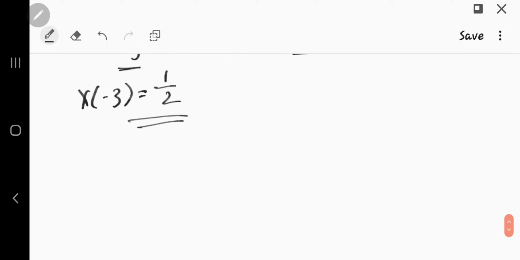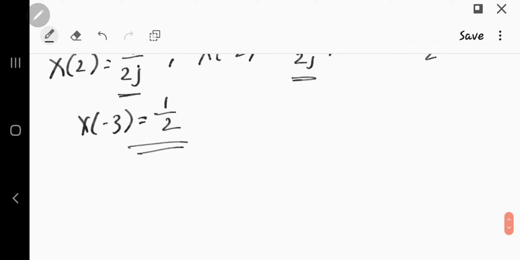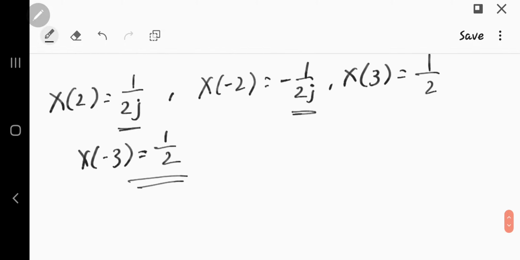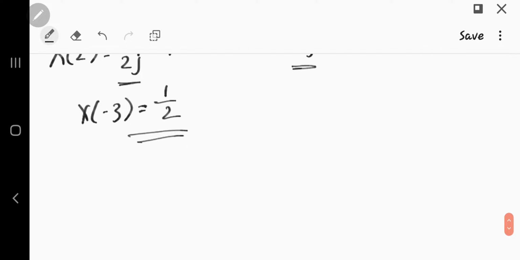Now before going for the magnitude spectrum, observe here we have 1 by 2j and minus 1 by 2j, so this j should be taken to the numerator by the method of rationalizing the denominator. In the previous problem I explained that, so I am just writing the values here.